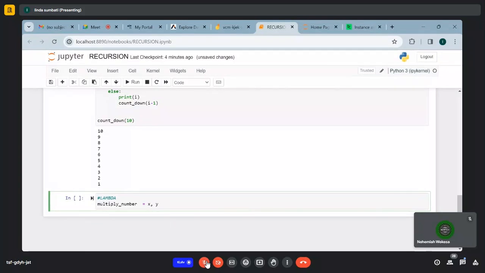After you've passed in the two arguments, you place a colon, then you perform the function that you wanted to do with those two arguments. So let's say maybe you wanted to get x plus y. Let me just place a space here.